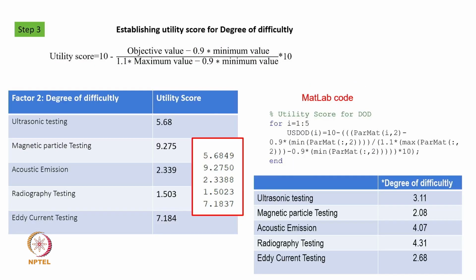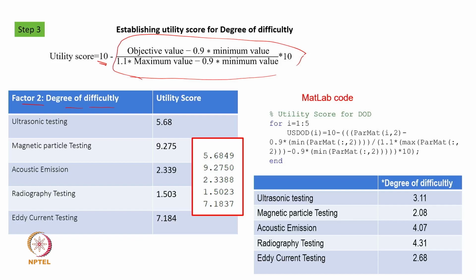Now come to the second one, where we want to minimize the time. In this case the degree of difficulty, the factor 2, needs to be minimized. That is why what we explained in the previous slide has been subtracted from 10, and it will give different results.